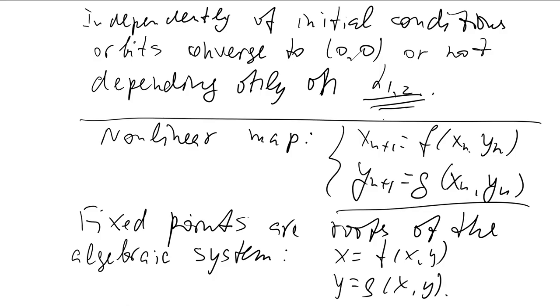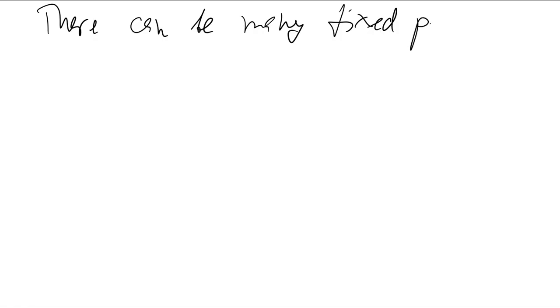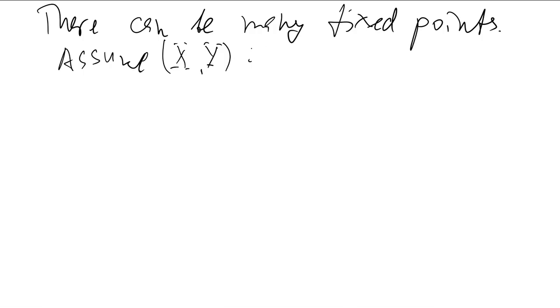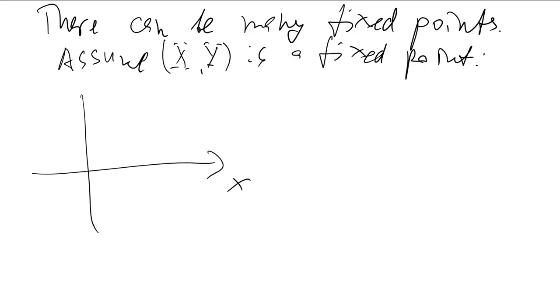So there can be many. Assume x capital, y capital is a fixed point. Let's say it's somewhere here, x, y, let's say this is x capital, y capital.